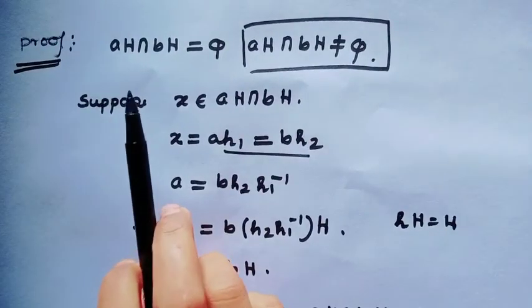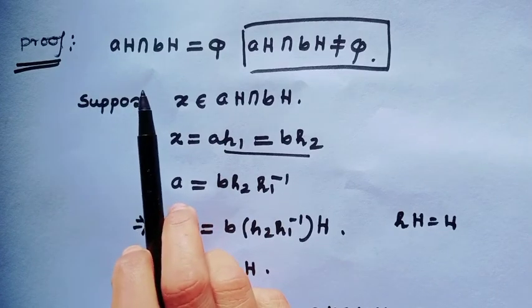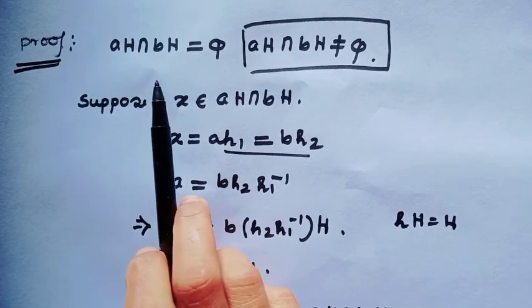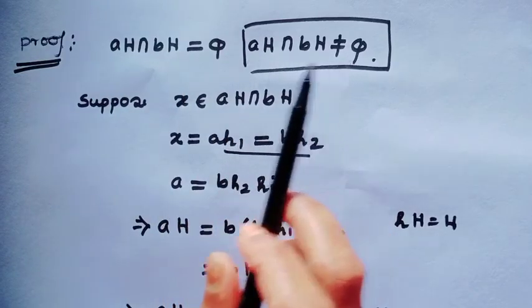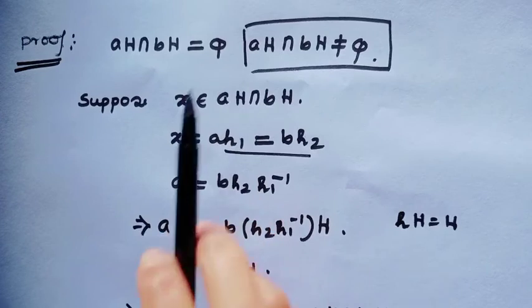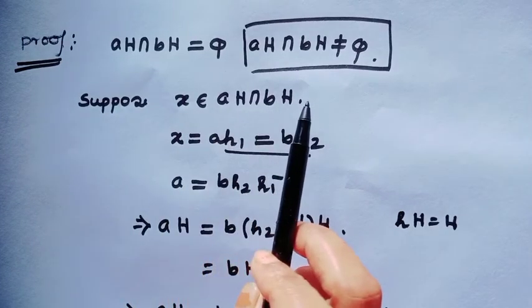If aH and bH are two cosets, we all know aH intersect bH is either empty or non-empty. Suppose they are non-empty, then some element x belongs to their intersection.